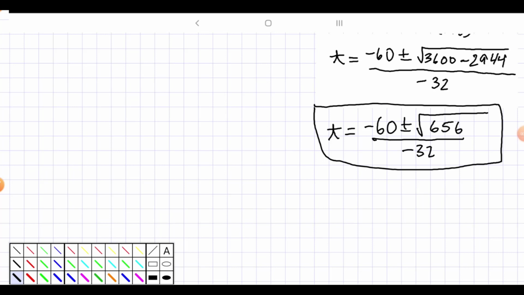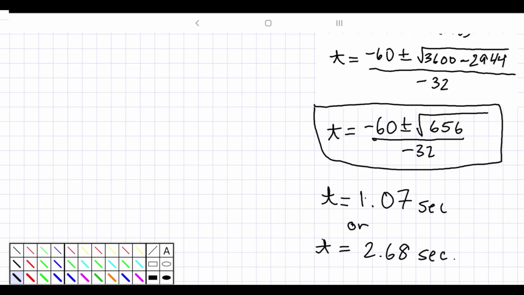Now that we use decimals, we know our answers. So we have two answers. So we have t is equal to, I'm going to round to the nearest hundredth, 1.07 seconds. And then we have another answer, or t is equal to 2.67, I should round that, sorry, 2.68 seconds. Okay, perfect. So what that tells us, let's write our answer.